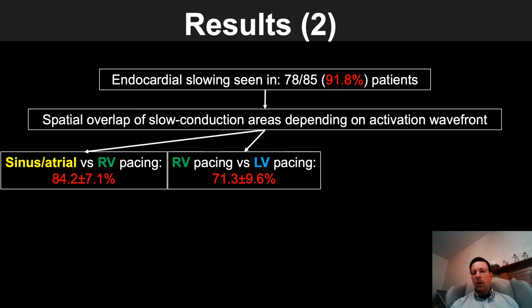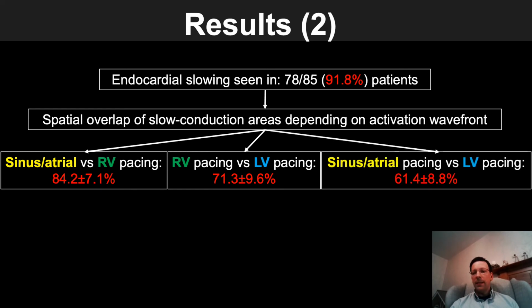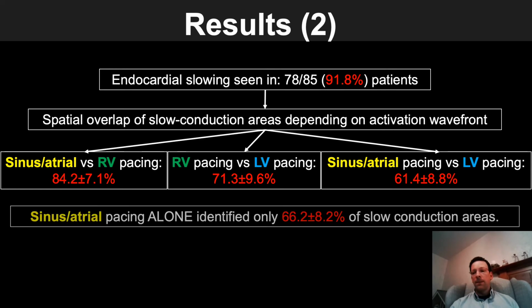There was a 71.3% spatial overlap of slow conducting areas in RV paced and LV paced maps, and the least amount of spatial overlap, only 61.4%, was seen when comparing maps generated during sinus rhythm or atrial pacing and LV pacing. Now, sinus rhythm or atrial pacing alone identified about 2/3 of all slow conducting areas.